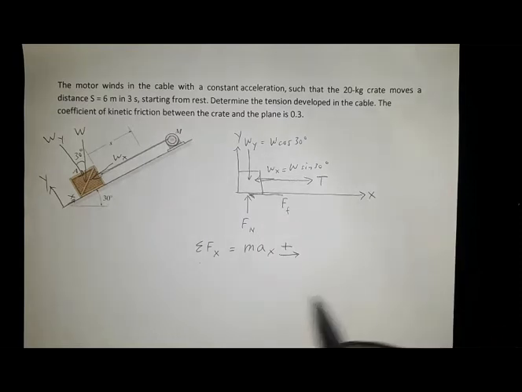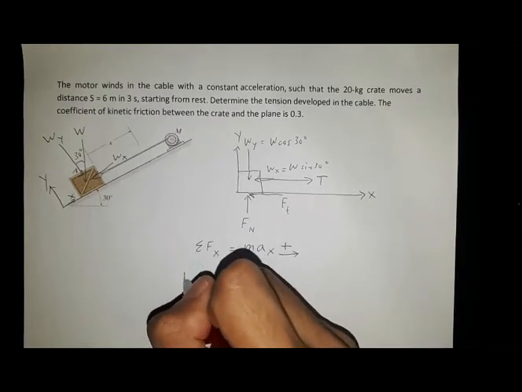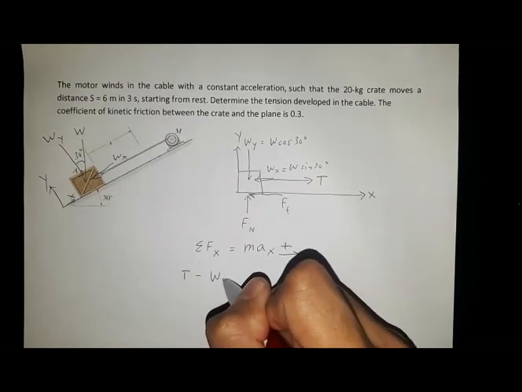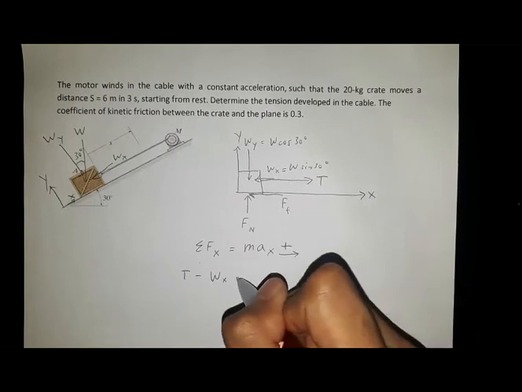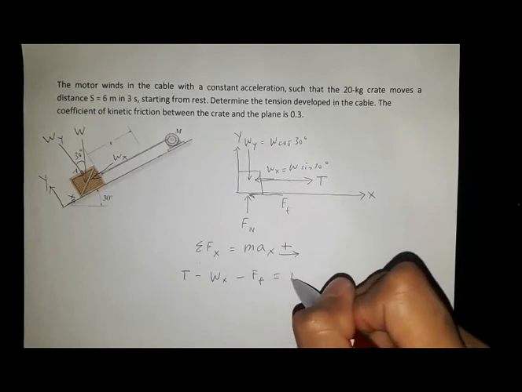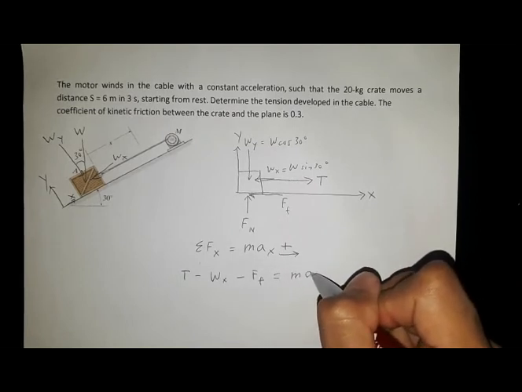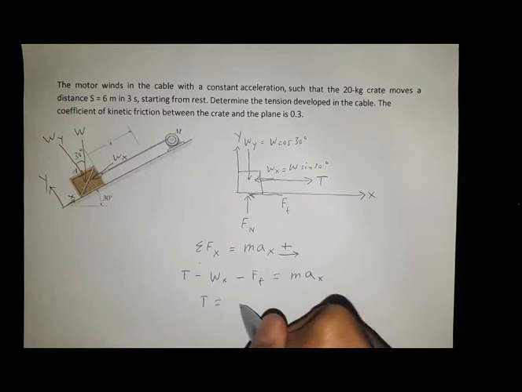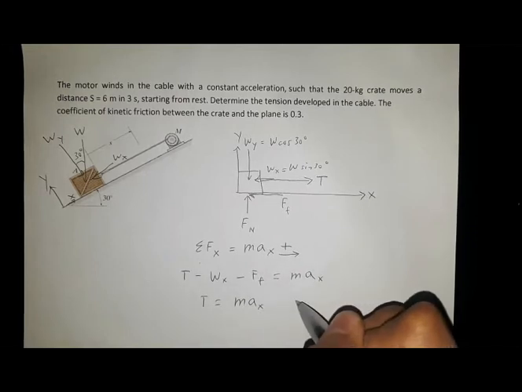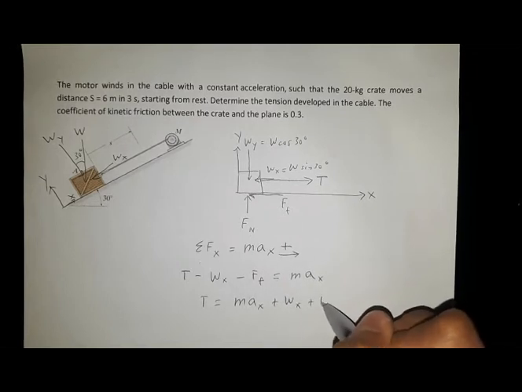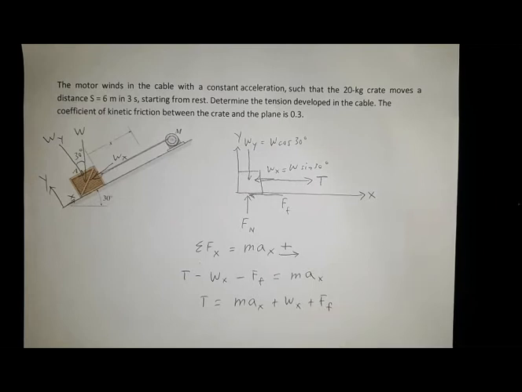So we have T minus Wx minus the friction is equal to mass times acceleration on the x-axis. Therefore, T is equal to m ax plus Wx plus the frictional force.